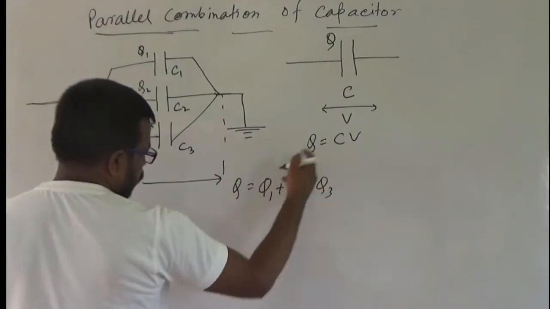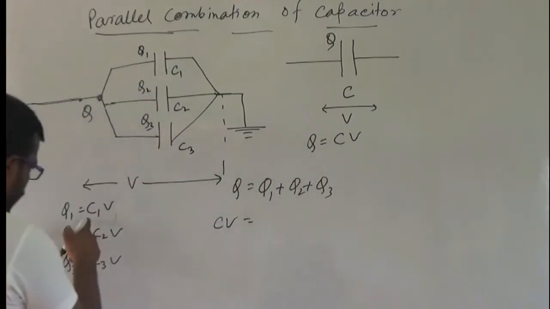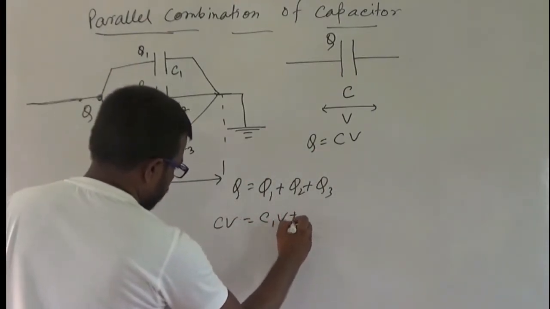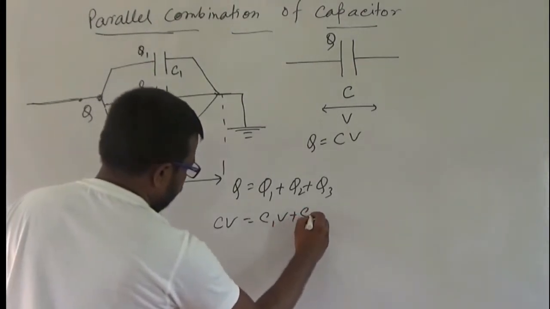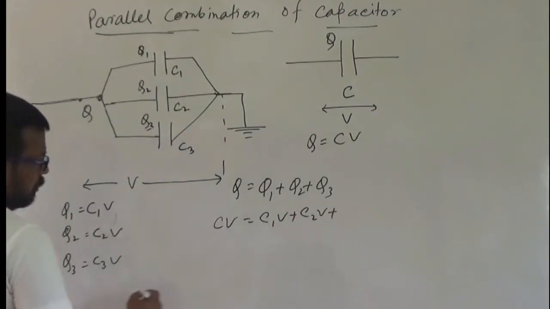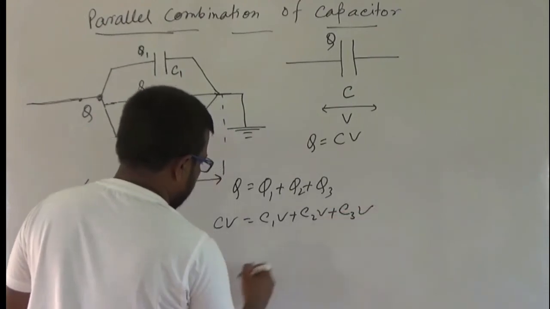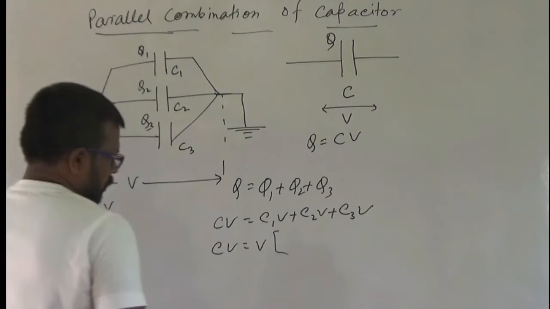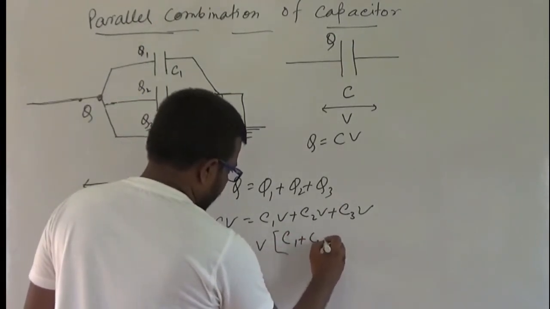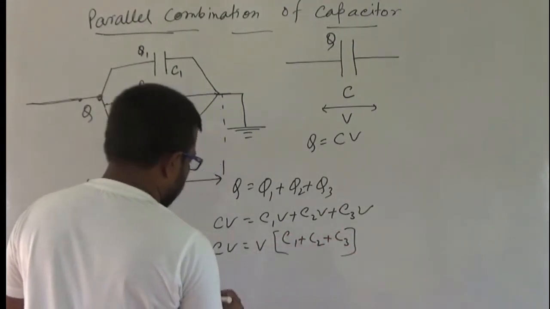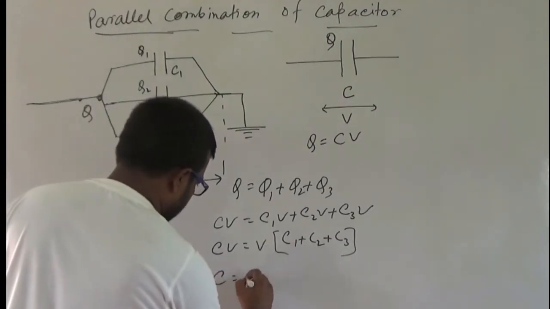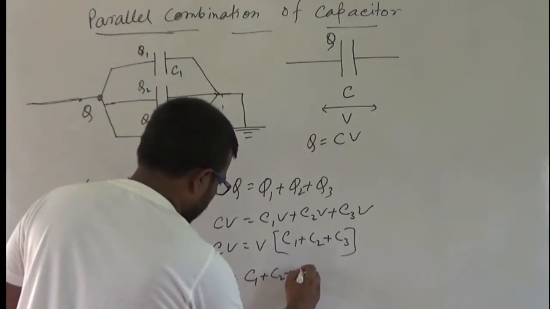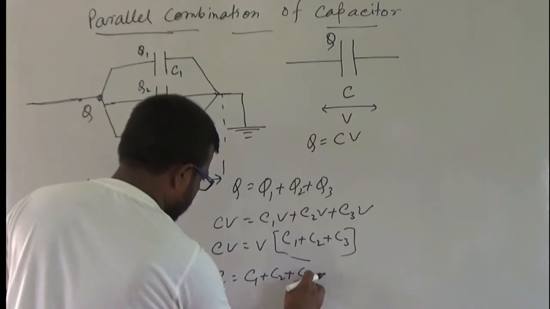Now put Q is equal to CV, and Q1 is equal to C1V, Q2 is equal to C2V, and Q3 is equal to C3 into V. Or CV equals, and V is common here, therefore in bracket C1 plus C2 plus C3, V cancels out, or you can write C is equal to C1 plus C2 plus C3.